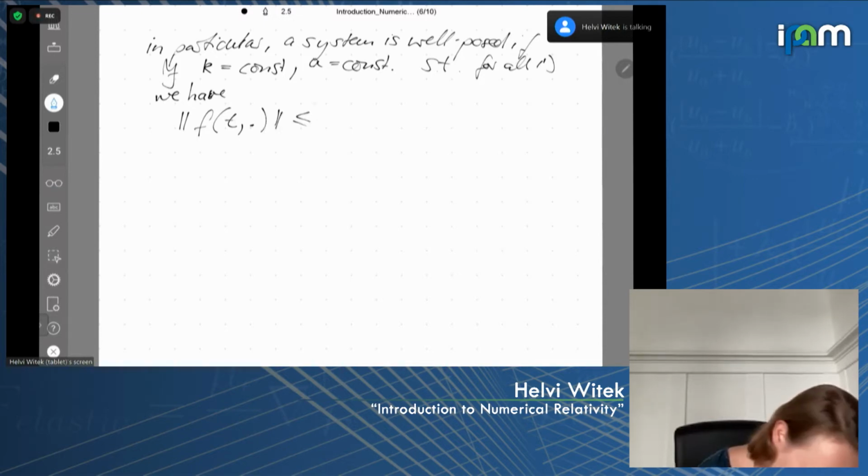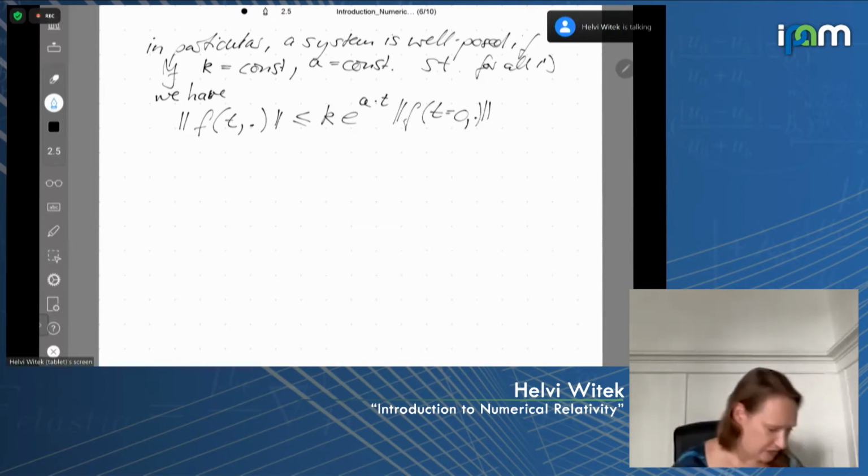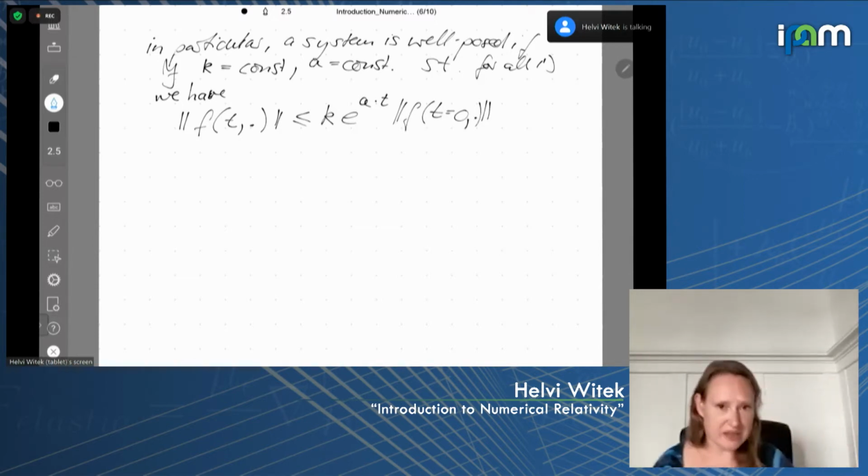And this bound is given by this constant k times the exponential a times t, and here we have the function at t equals 0. So it's bounded by the initial data. Okay, so this is a mathematical description.